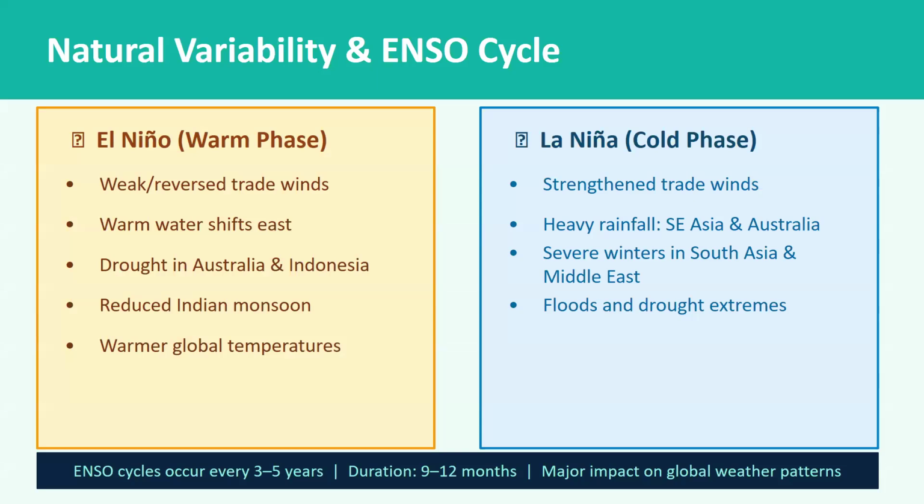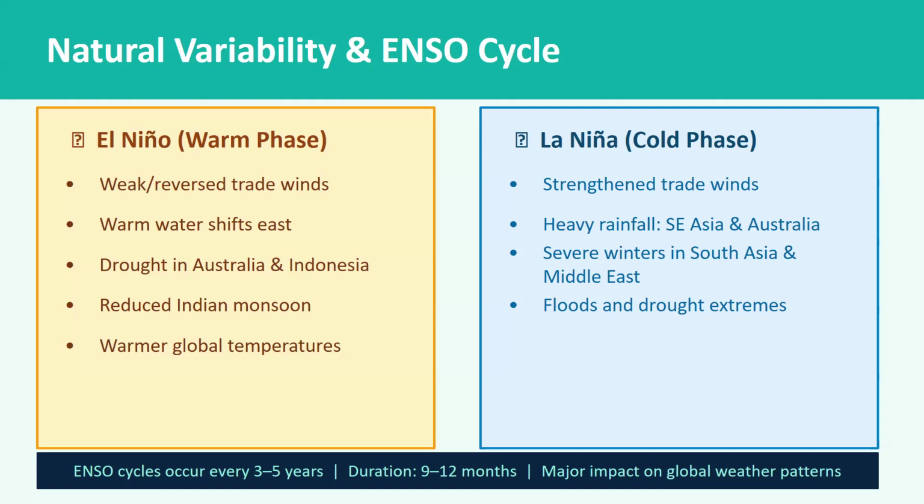So this is again the natural variability and the ENSO cycle. El Nino is the warm phase where there are weak or reverse trade winds. The warm water shifts to the east. There is drought in the Australian and Indonesian areas, reduced Indian monsoon, and warmer global temperatures.